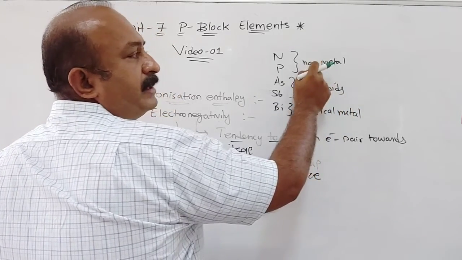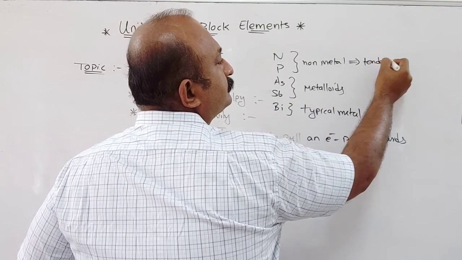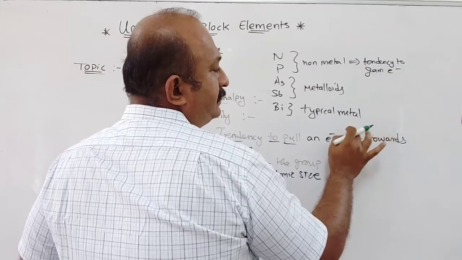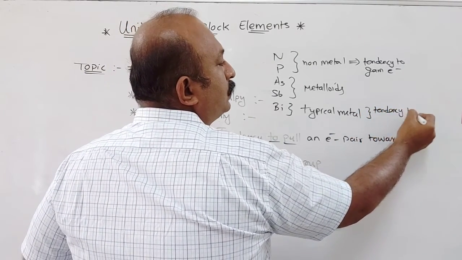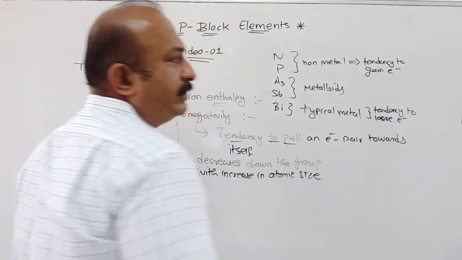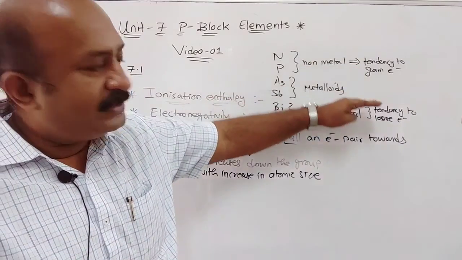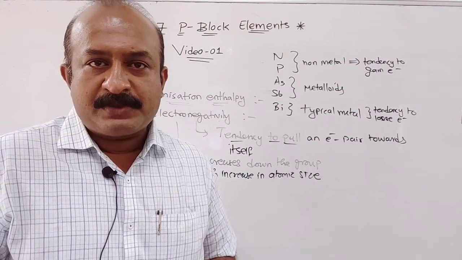Non-metals have a tendency to gain electrons, and metals have a tendency to lose electrons. Understood? So gaining electron property is more at the top, and when we go down, that keeps on decreasing gradually. This way also you can remember it.